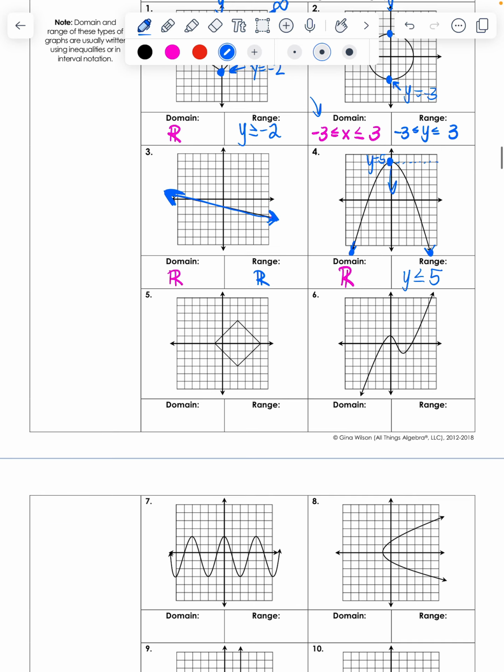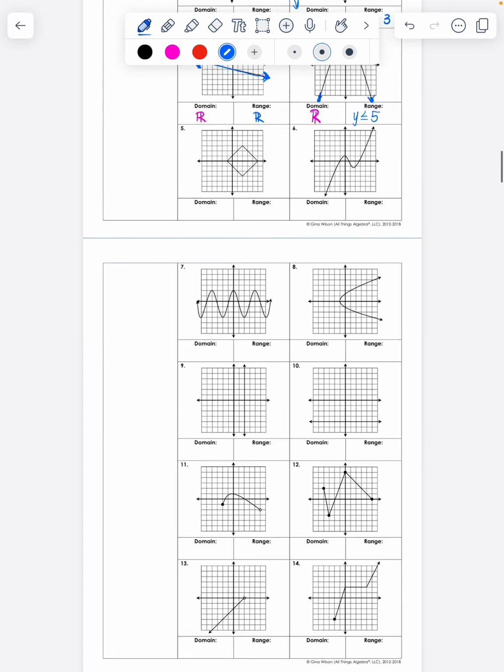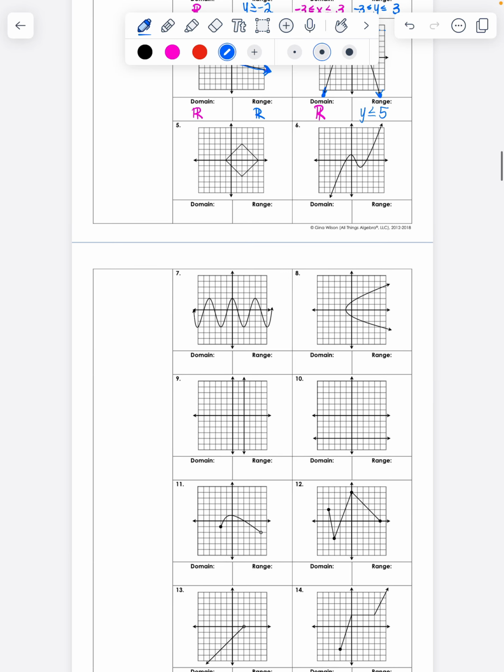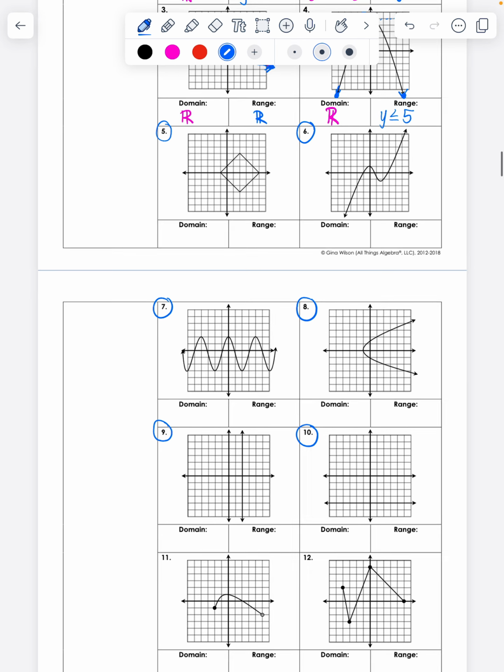What I would like you to do is try numbers 5, 6, 7, 8, 9, and 10. So try these first.